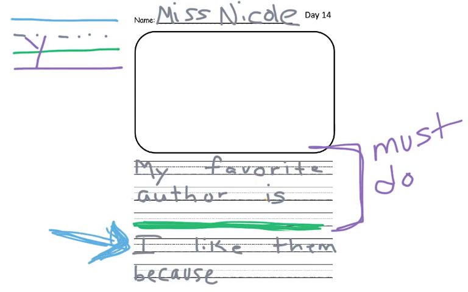I like them because their stories are funny, because they use the speech bubbles like in Elephant and Piggy, because they use real pictures like in Knuffle Bunny. They actually take photographs and use them. So there's lots of different reasons why we like authors. So this is what your challenge is, to tell me why.